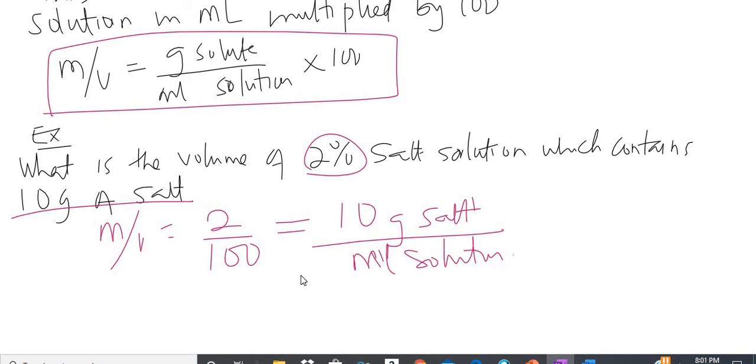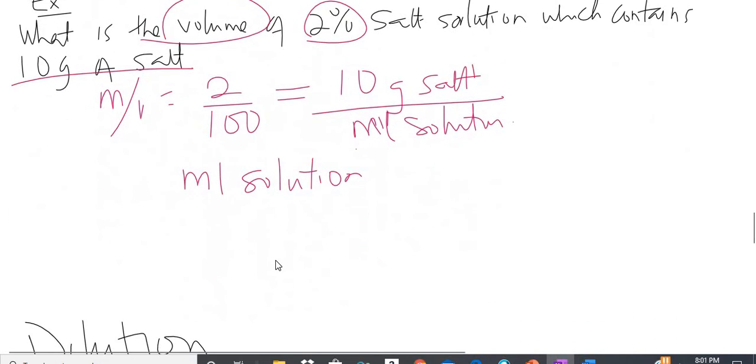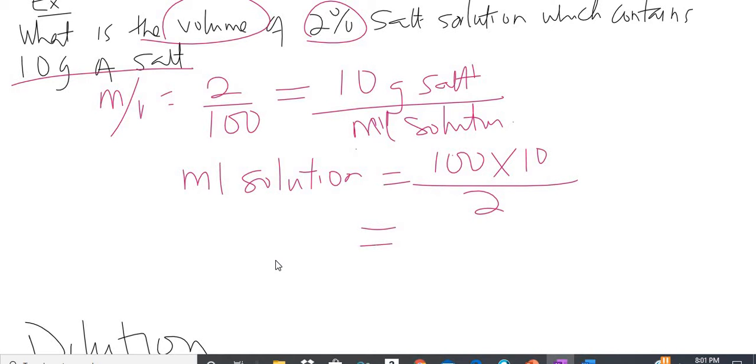So we are looking for the volume, which is the mL in this case. So we rearrange our equation. mL of solution is going to be 100 times 10 over 2, and that is going to give us 500 mL.